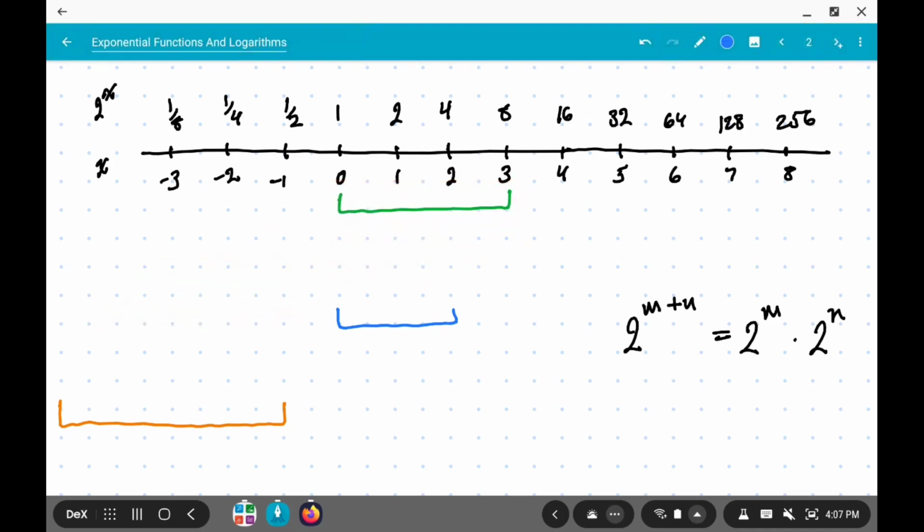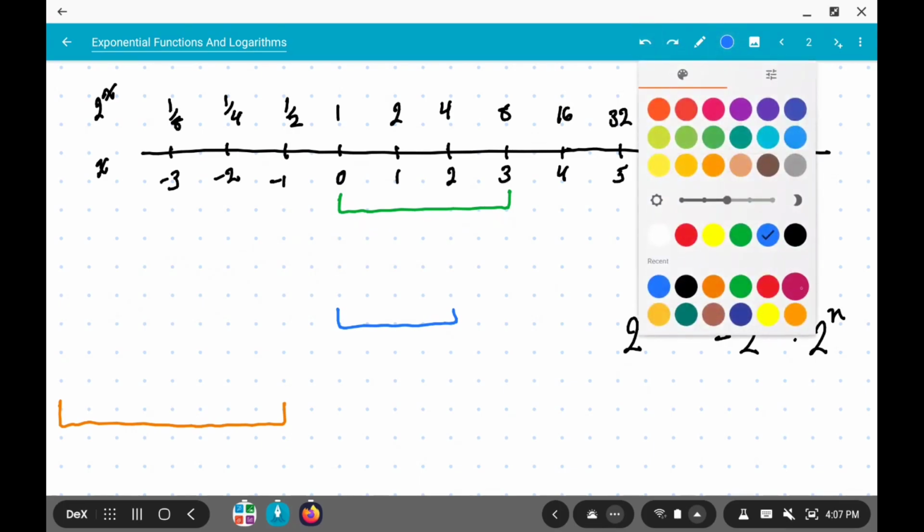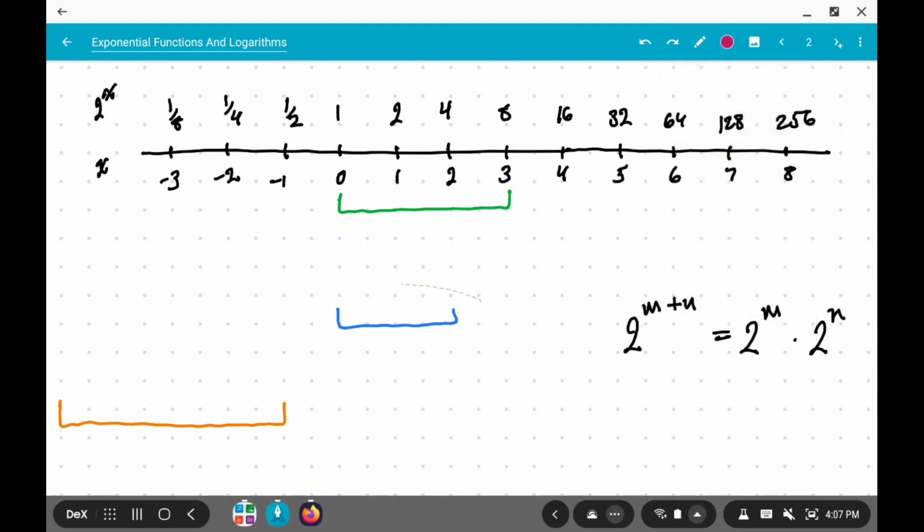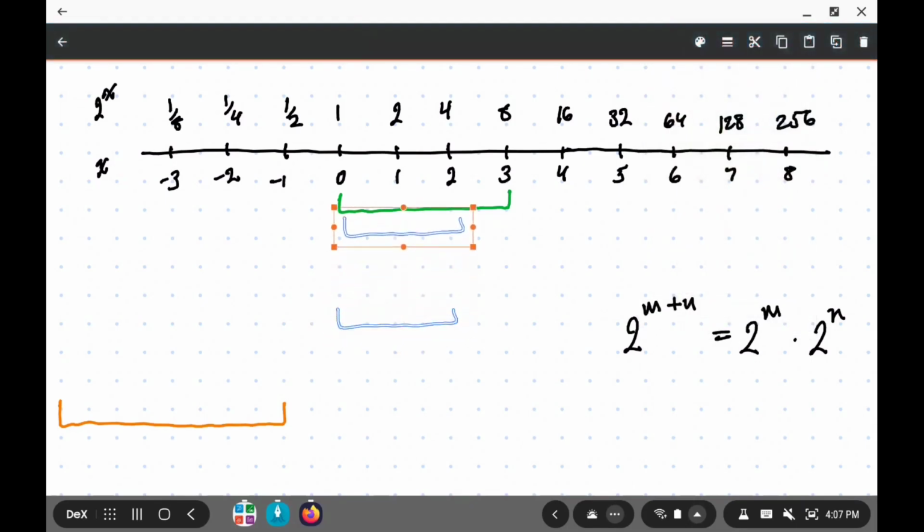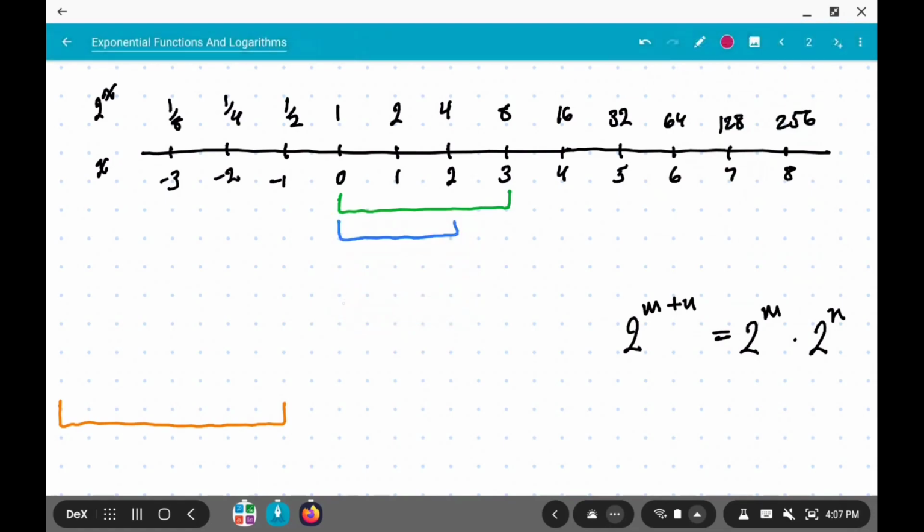The green thing there is of length 3 in the units that I'm using for this picture. And the blue one is 2 units. So you can see there, just so that we have this, 2 squared is 4, and 2 cubed is 8.